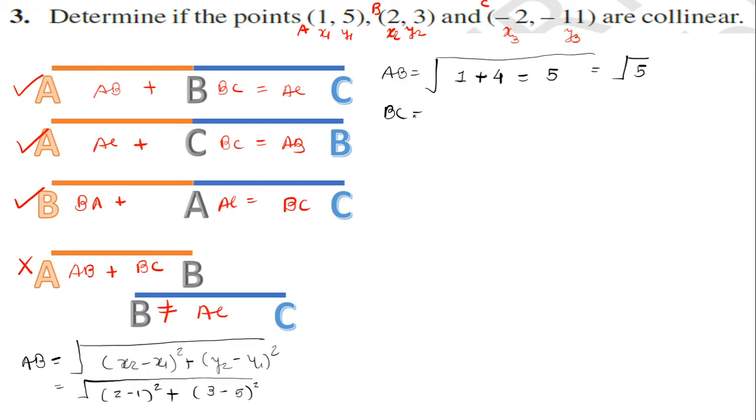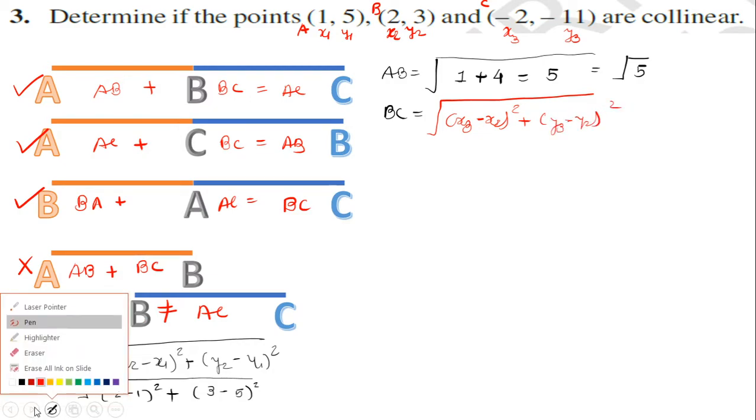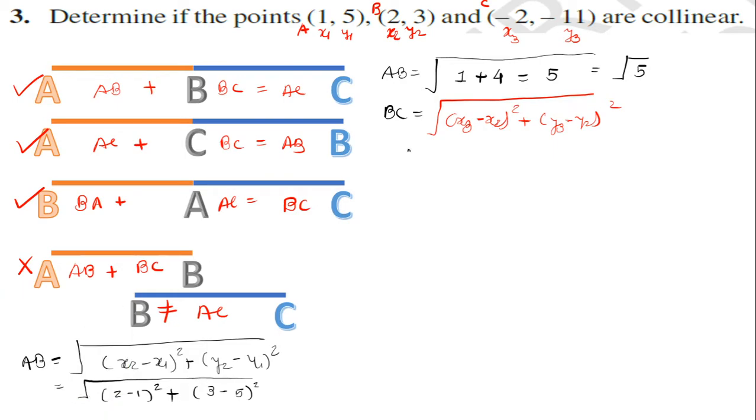The formula is x3 minus x2 whole square plus y3 minus y2 whole square. If you substitute the values, x3 is minus 2 minus x2, which is 2, whole square, plus minus 11 minus 3 whole square.